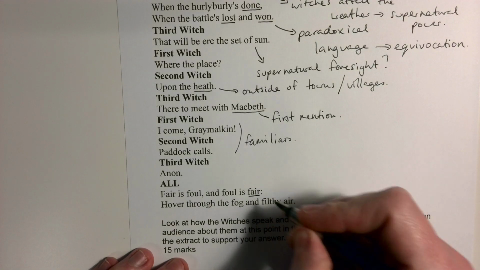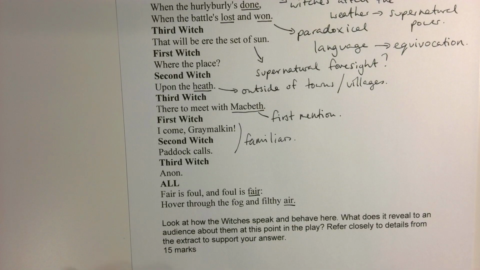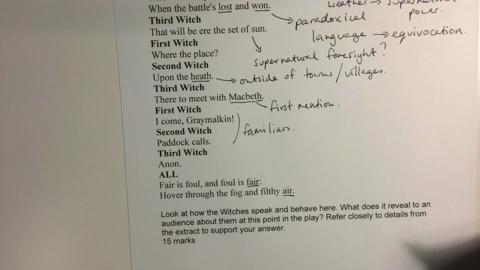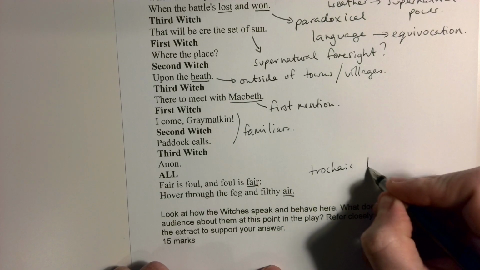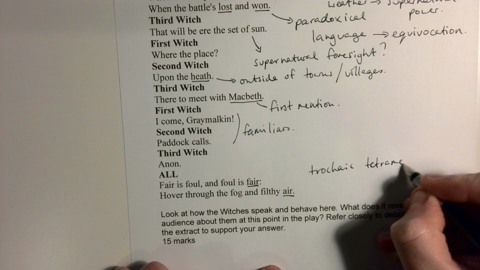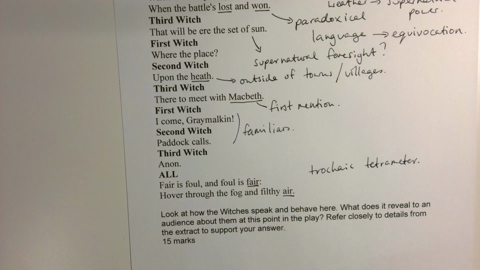Again, rhyming. So this very much has all the hallmarks. It sounds very much like a spell. The rhyming produces that, but also the trochaic tetrameter. Now, we don't want to labour the points.